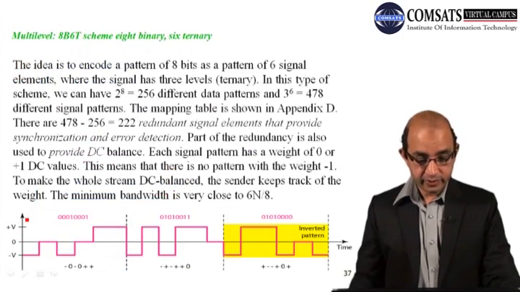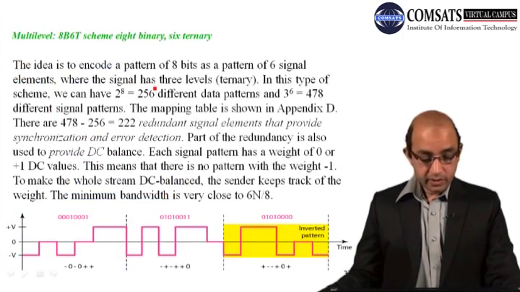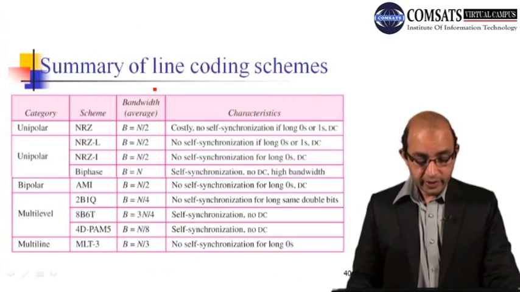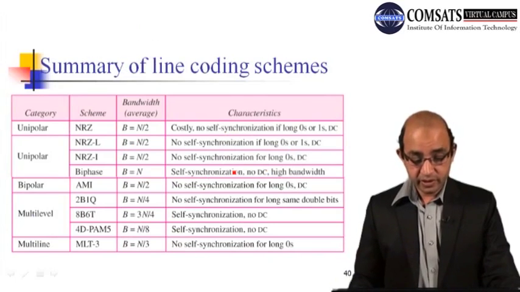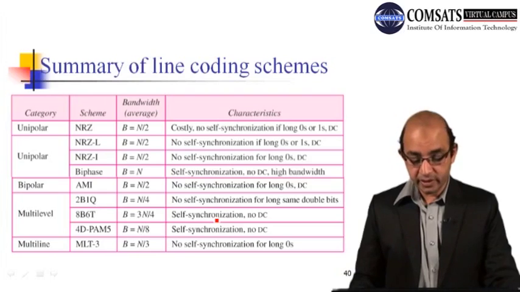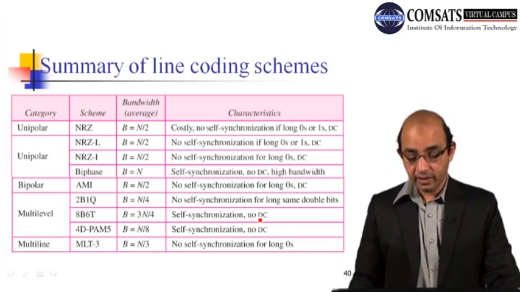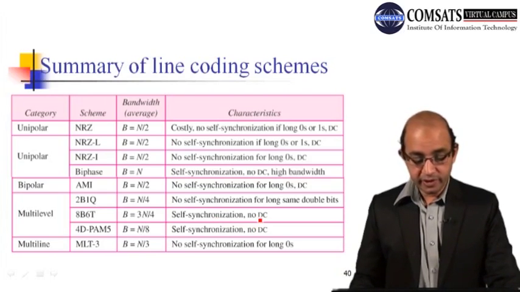So that is here. So 3 levels are used, right? So here you can see the bandwidth, self-synchronization is available over here between transmitter and receiver, and it also has no DC component.